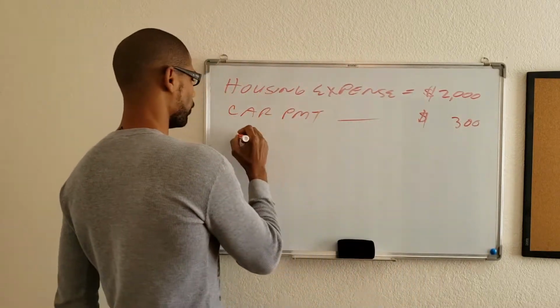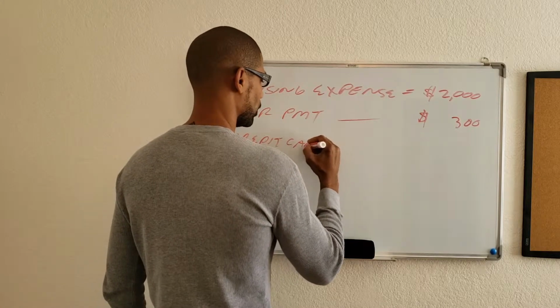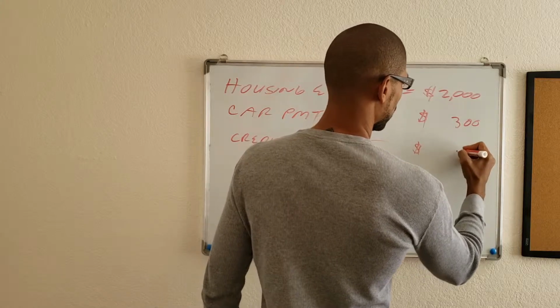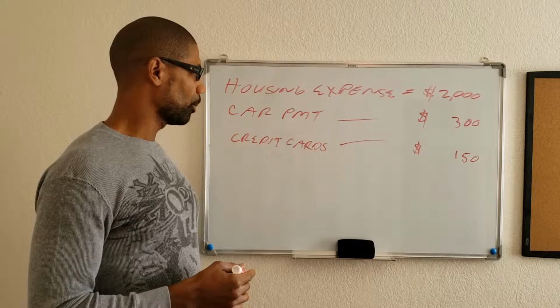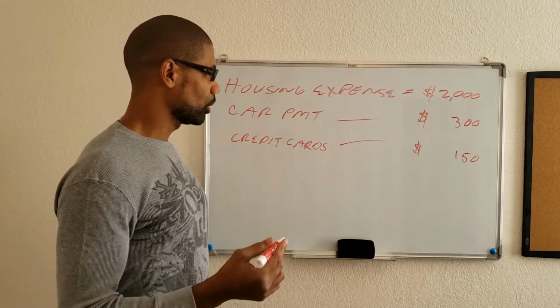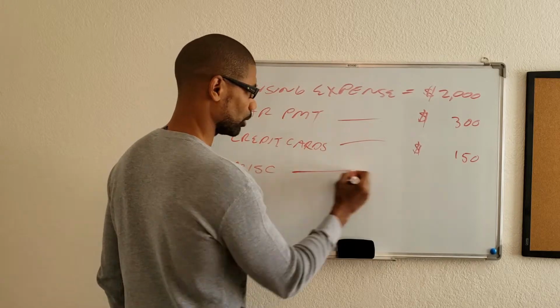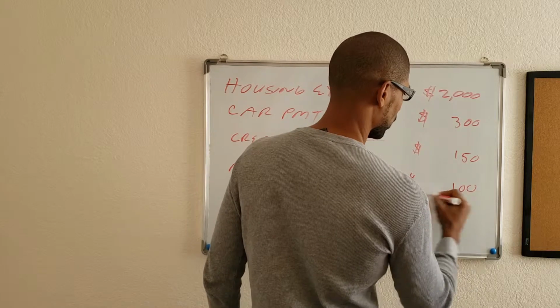And let's say we have total credit cards amounting to 150. Should we throw something else in there? Let's just throw in miscellaneous. So let's say we have something else reflecting on credit for another $100.